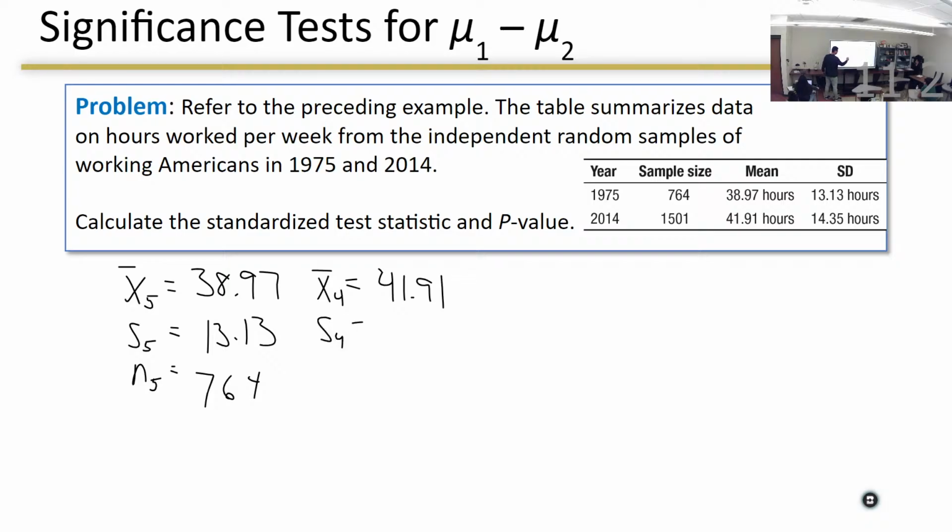S sub 4 equals 14.35. I'm way at the back of you now. N sub 4 equals 1501.